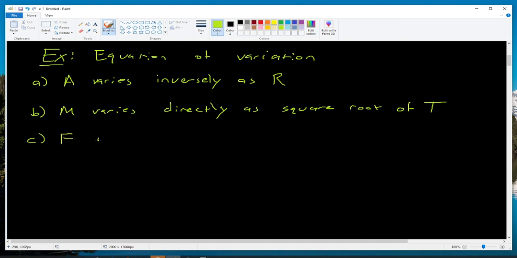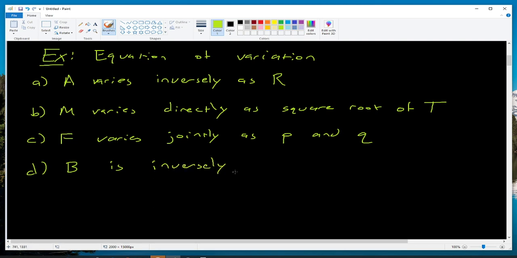F varies jointly as P and Q. And finally, let's say B is inversely proportional to the cube of C.